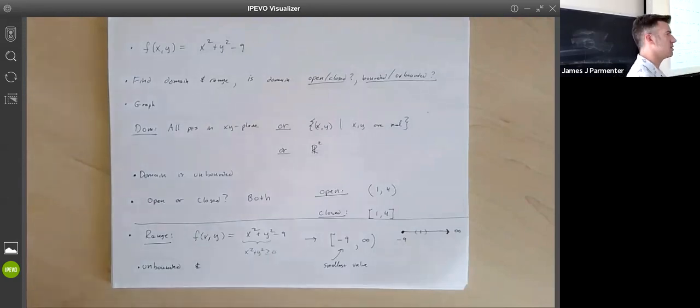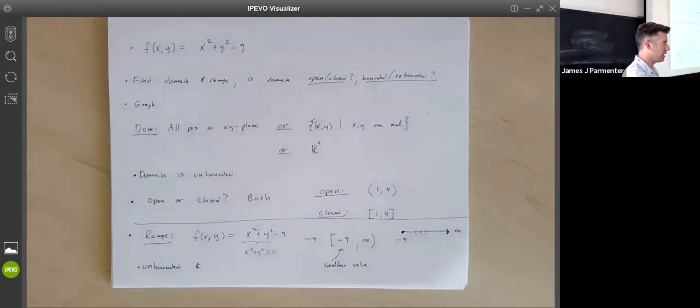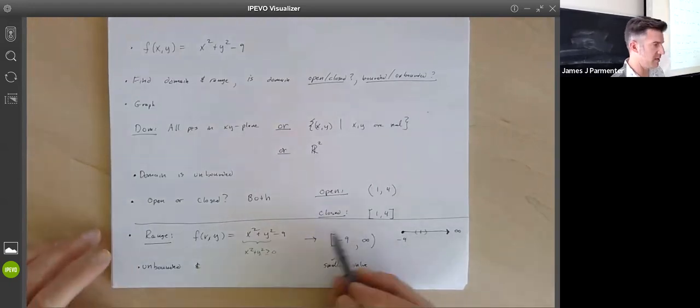Is it closed? I feel like closed is always the harder one for me. Open seemed to make sense: you pick a point, is there something around that point that's still in there? Great, open. But to be closed, basically you have to contain all your boundary points. That's one way of thinking of it. Another way of thinking about it, which maybe is easier, is if a set's closed, its complement has to be open. So what's the complement of the set?